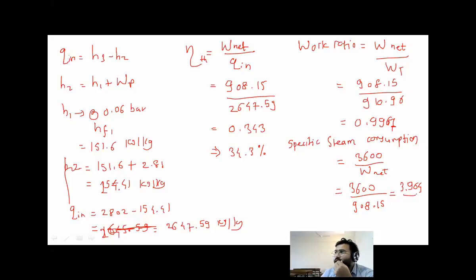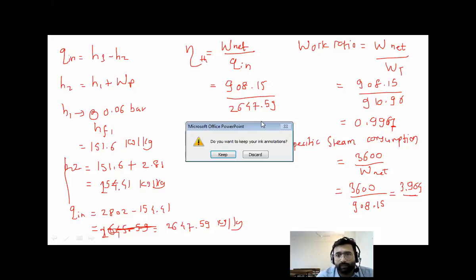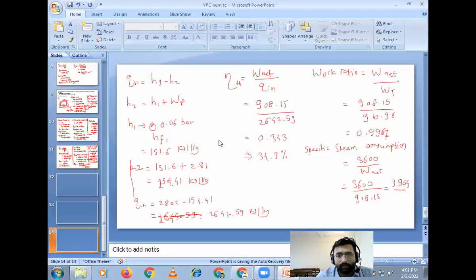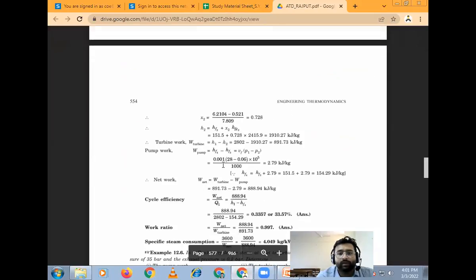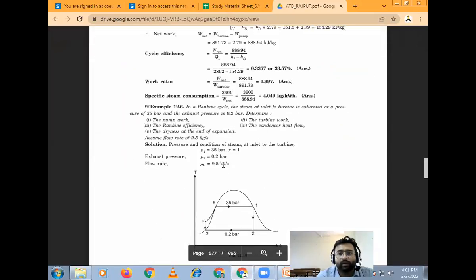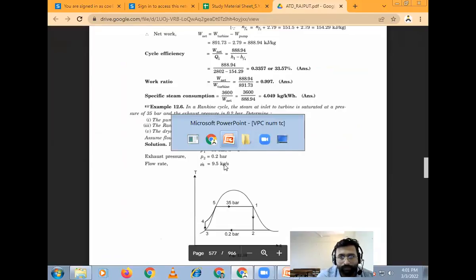We check its unit. I'm not sure about its unit. Let's take, kilogram per kilowatt hour, sorry.